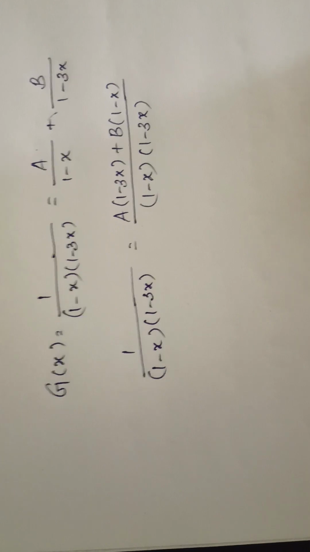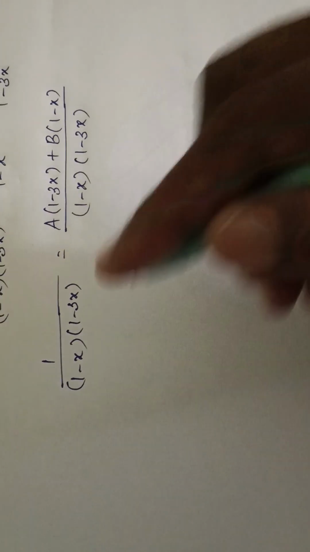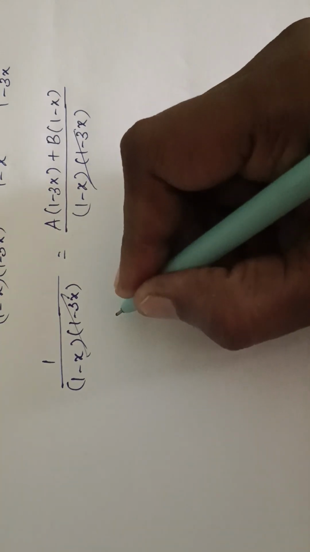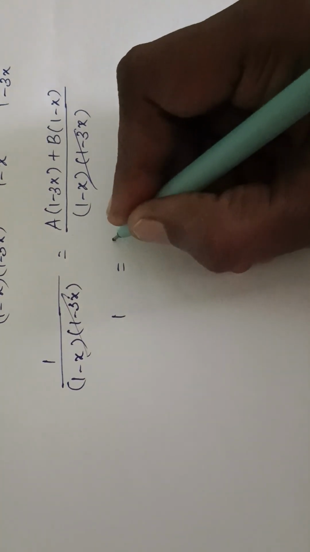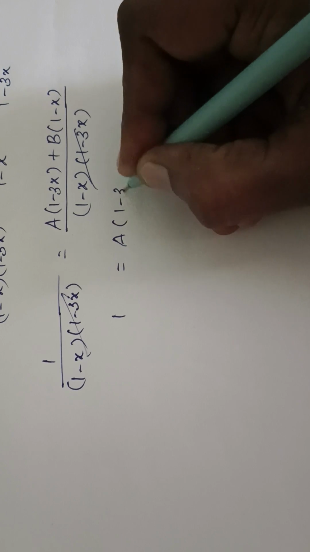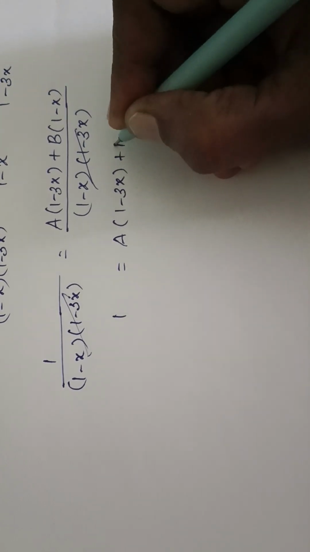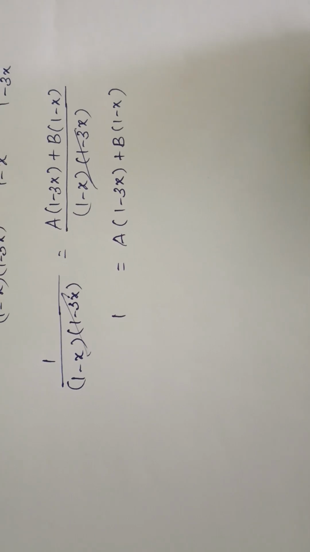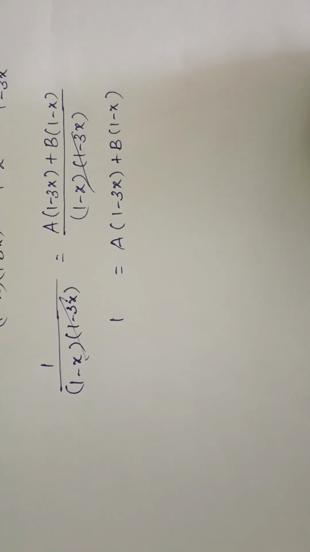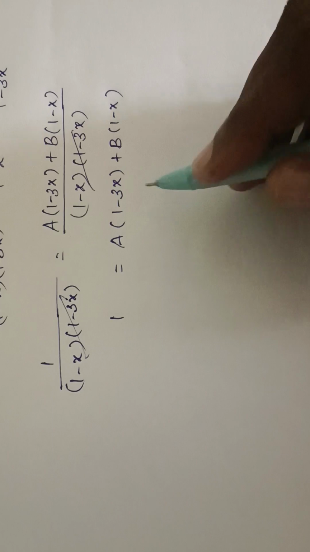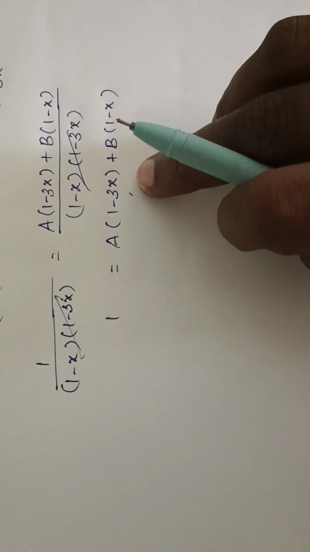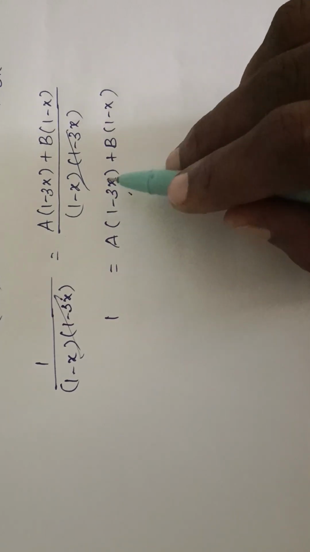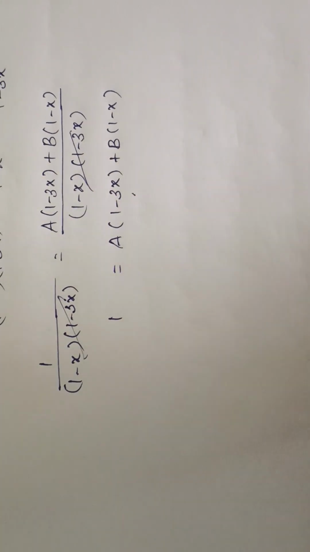Next, the denominator is cancelled. What is the balance term? 1 is equal to a into 1 minus 3x plus b into 1 minus x. So now we find the a and b values. You already know the common procedure: substituting x equal to any number. Suppose it becomes 0, then finding the value is easy.